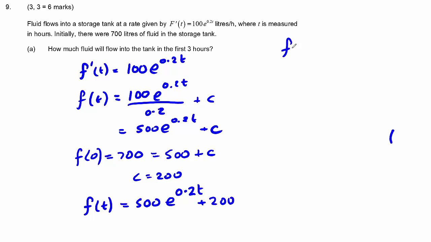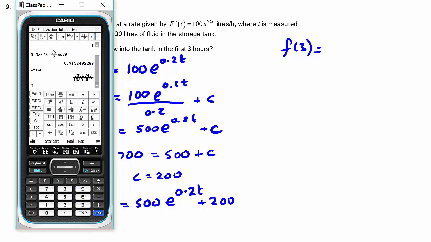What we now need is F(3). So that's just a calculator job. So we've got 500 multiplied by e^(0.2 times 3), so that's 0.6, and then we need to add 200.